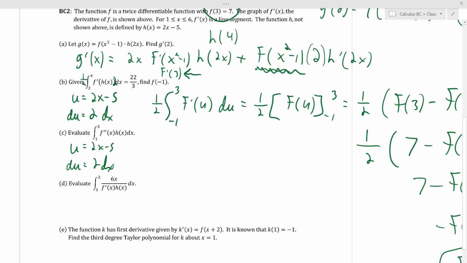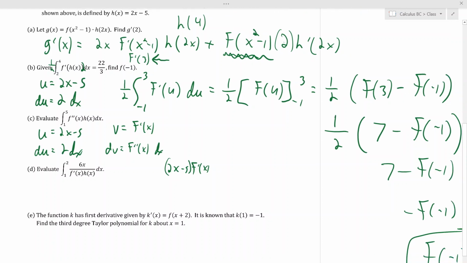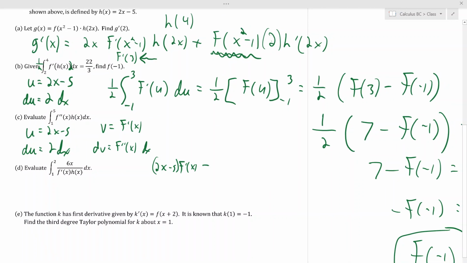Not let, it has to be that. dv then is f double prime of x dx, which means v is f prime of x. So that's going to turn this integral into u times v, which is 2x minus 5 times f prime of x, right? U times v minus v du, which is 2 times the integral of f prime of x dx.